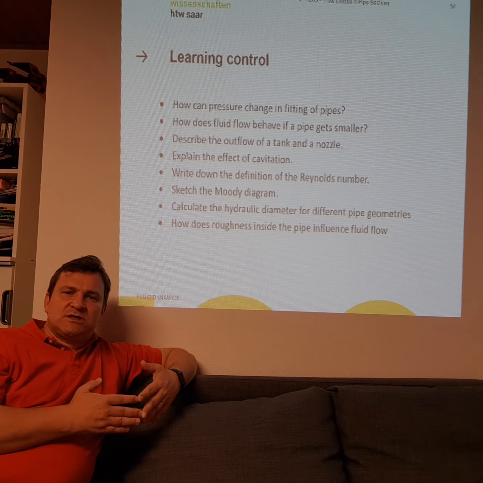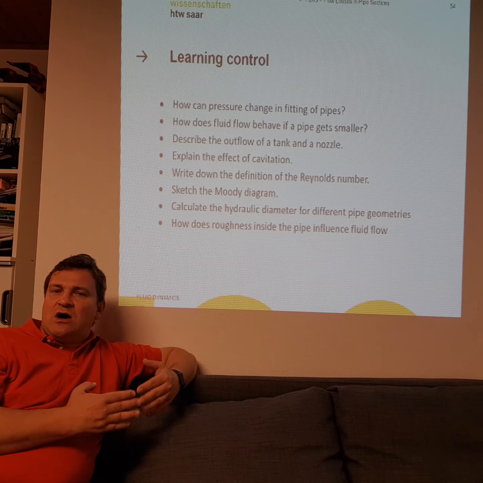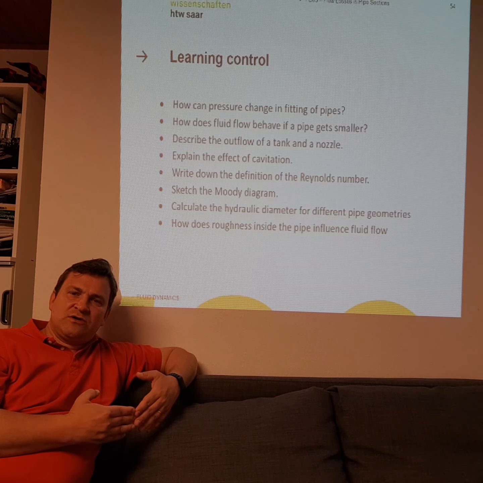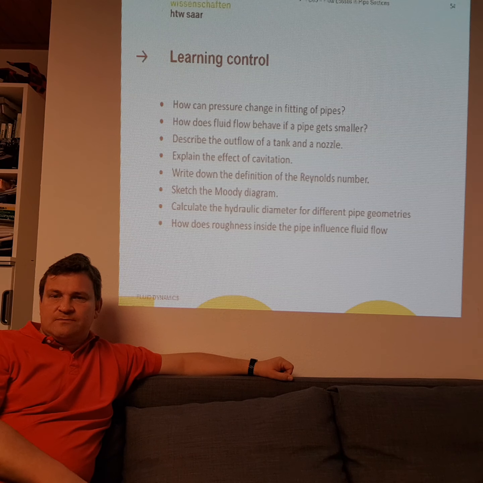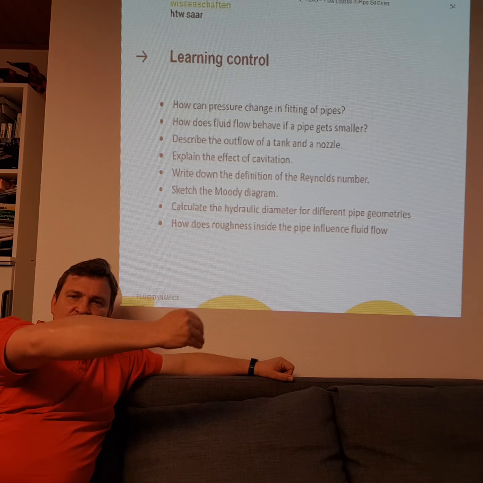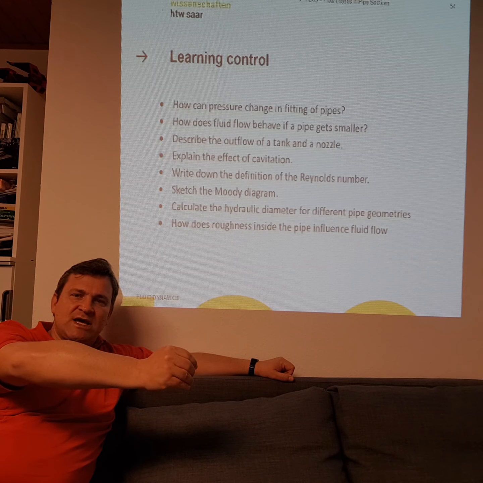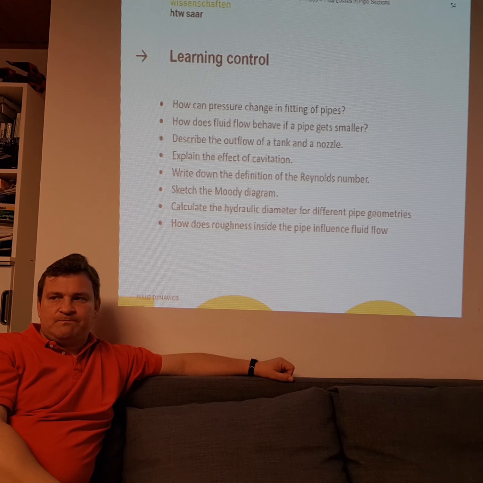You should know what the Nikuradse or Moody diagram is. You should know how you can use the Moody diagram to solve your pressure drop problems. You must know that you have to look at the Reynolds number on the x-axis and go to the right line, and then you get your lambda values.